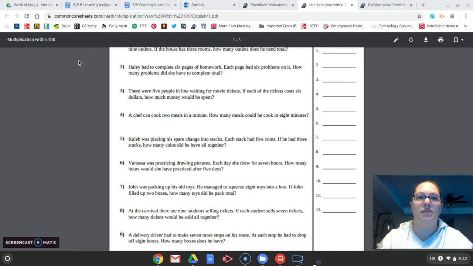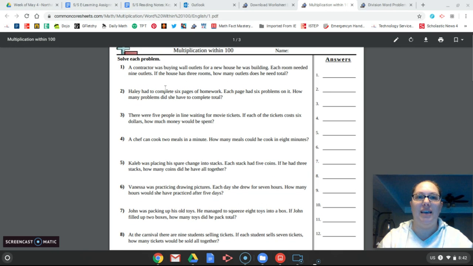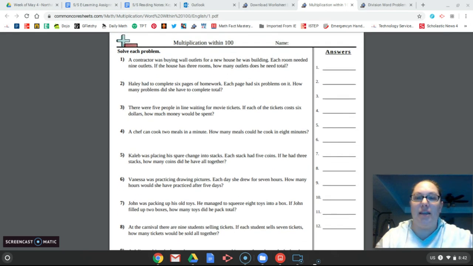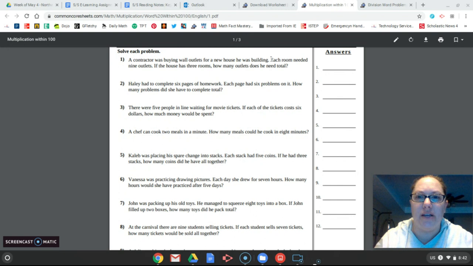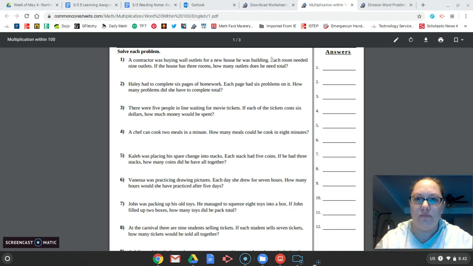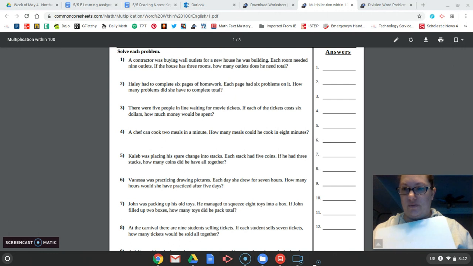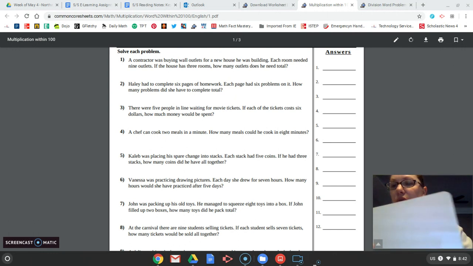All right, so now let's think about what we might be adding repeatedly. So think about what they told us. Each room needs 9 outlets, and the house has 3 rooms. Okay, so I'm thinking of it this way. I am going to make a blank for each room of the house.